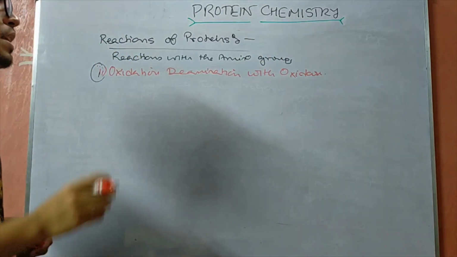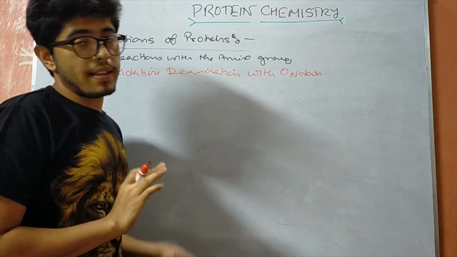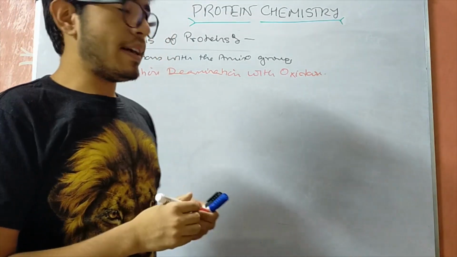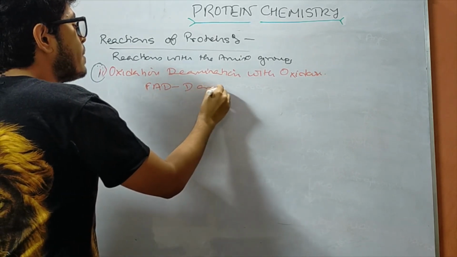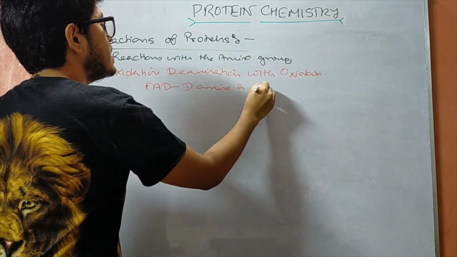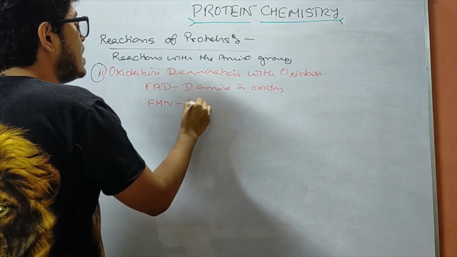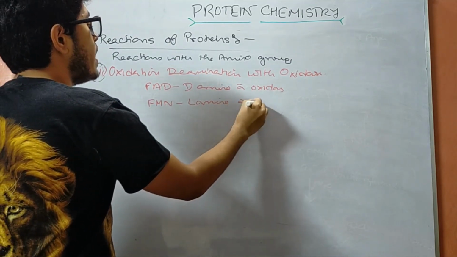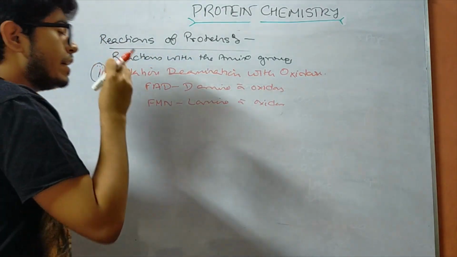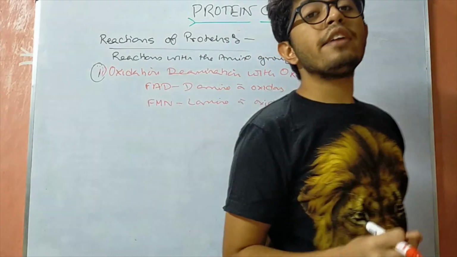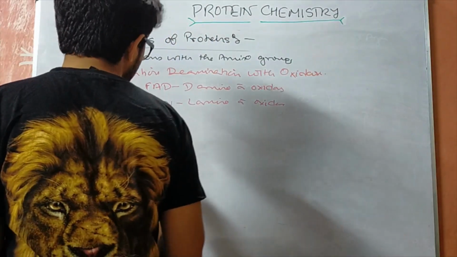Oxidase is an enzyme which can be D-amino acid oxidase or L-amino acid oxidase. The D-amino acid oxidase requires FAD as a coenzyme, whereas the L-amino acid oxidase requires FMN, or flavin mononucleotide. D-amino acid oxidase requires flavin adenine dinucleotide as a cofactor or coenzyme for the reaction to take place.